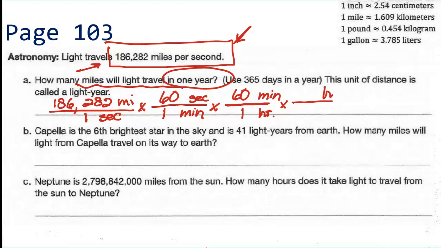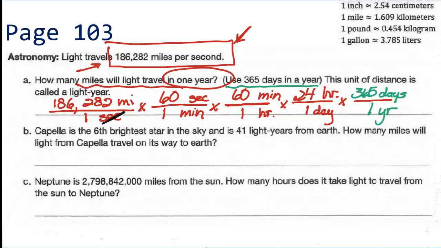Then I know I want hours at the top. I know there are 24 hours in a day, and it says we are to use 365 days for a year. So I'm going to put days up here: 365 days in 1 year.